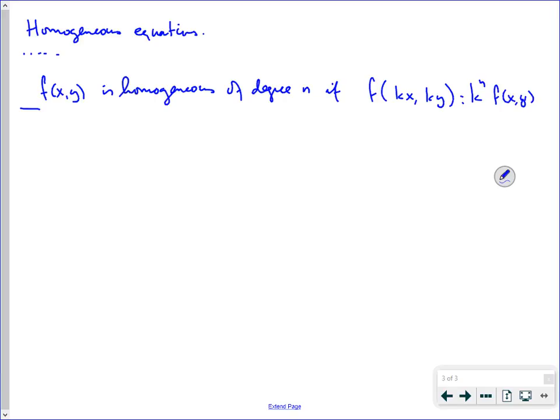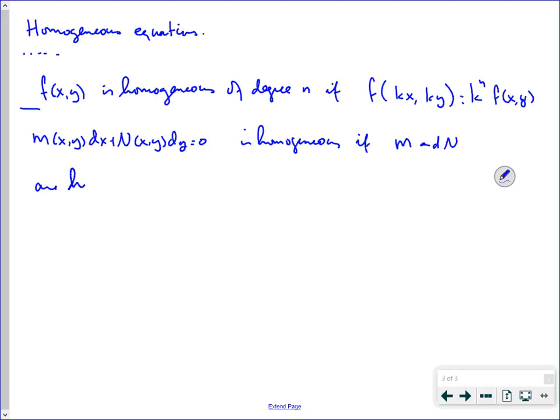If we're having M of x, y, dx plus N of x, y, dy equals 0, it's a homogeneous first order differential equation if M and N are homogeneous functions of the same degree, excuse me, not order.